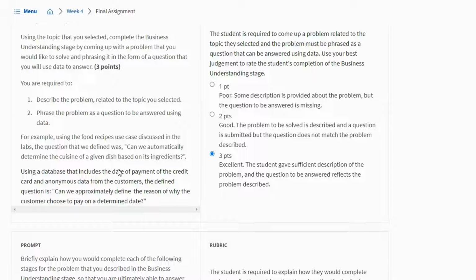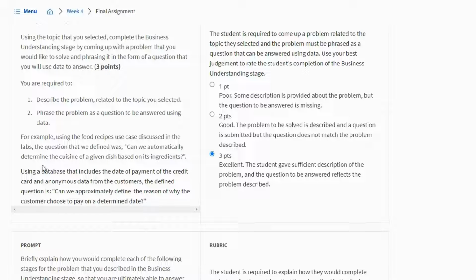So the person has given an answer like, for example, using the food recipe use case discussed in the lab, the question that we defined was, can we automatically determine the cuisine of a given dish based on the ingredients?